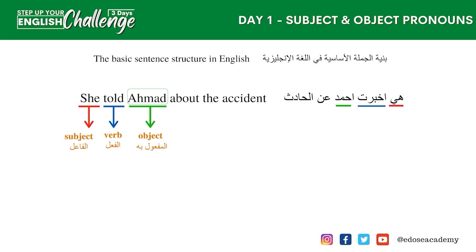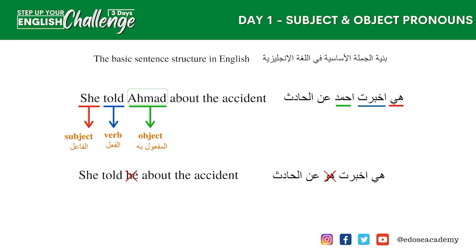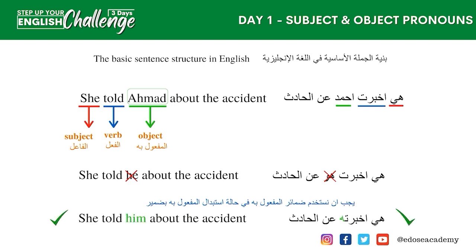Is it correct to say, she told he about the accident? Of course, that's wrong. So the correct way to say it is, she told him about the accident. Why? Because we have to use the object pronouns to replace the object of the sentence.